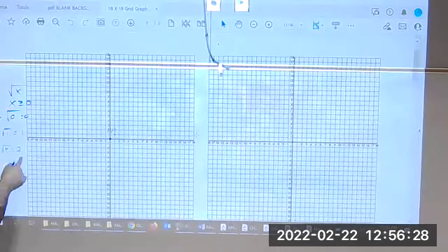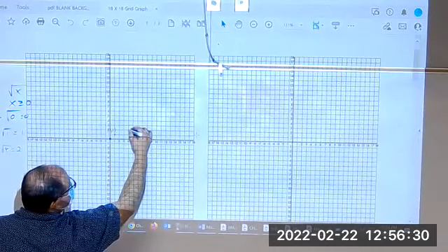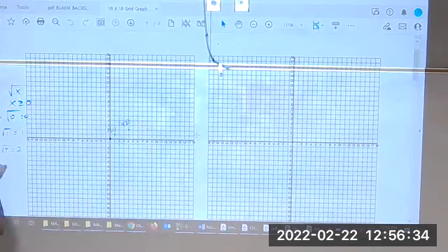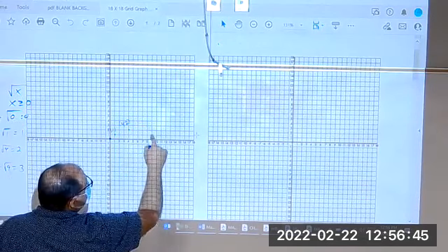So when we plug in 4, we get 2. The next nice perfect square is the square root of 9. So f of 9, square root of 9 gives us 3. So when 9 goes in, we get 3.